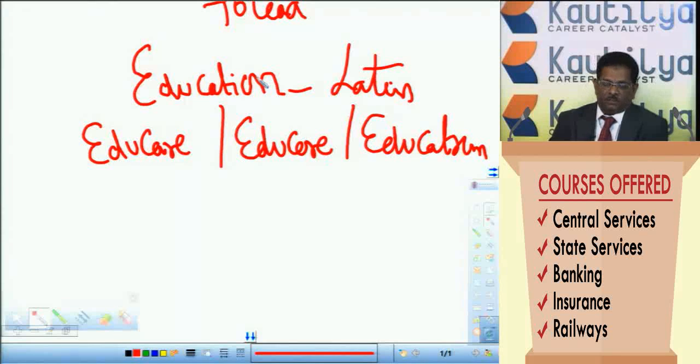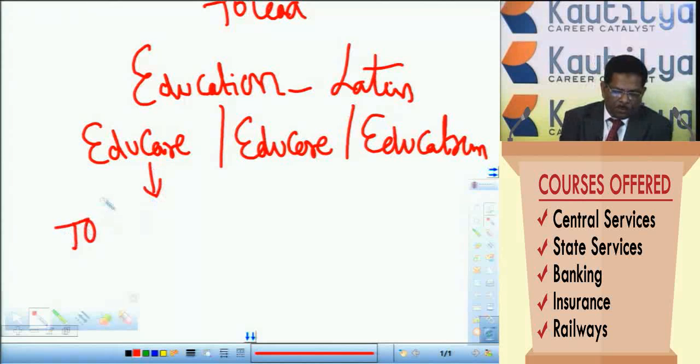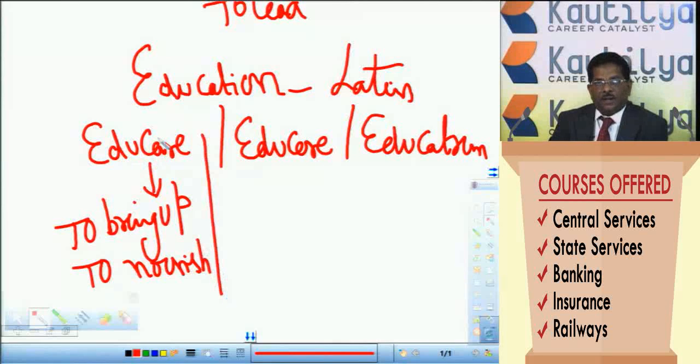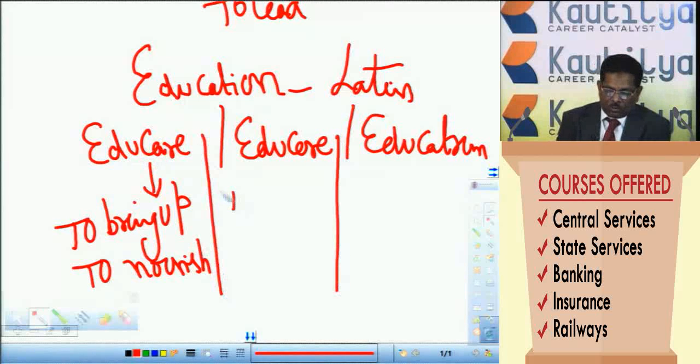What does it mean? Educare means to bring up or to nourish. These two are the meanings for the Latin term educare, whereas educere means to lead out, to draw out.